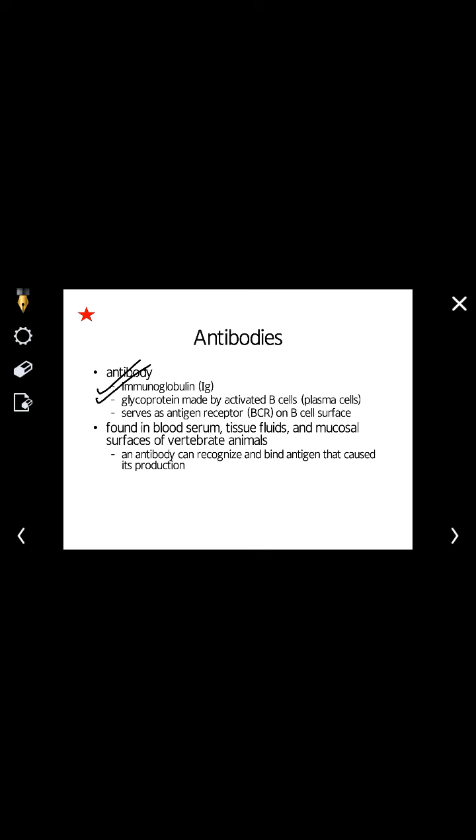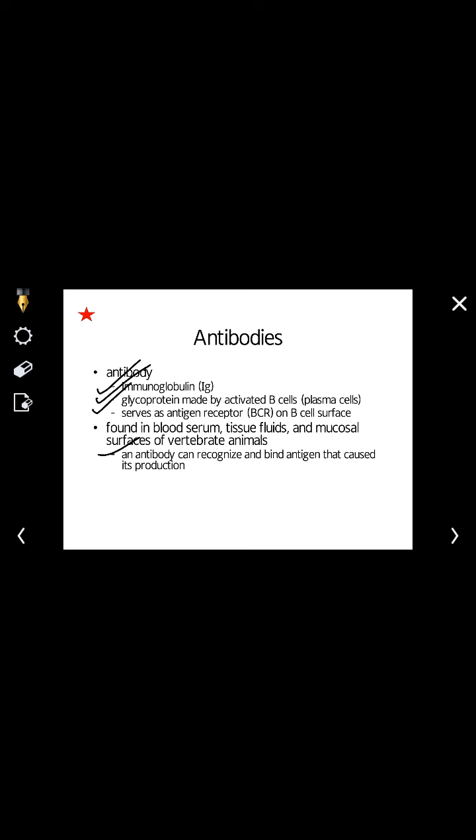And they serve as antigen receptors, B cell receptors on the B cell surface, true. These are found in blood serum, tissue fluids, and mucosal surfaces of vertebrate animals. An antibody can recognize and bind an antigen that caused its production.